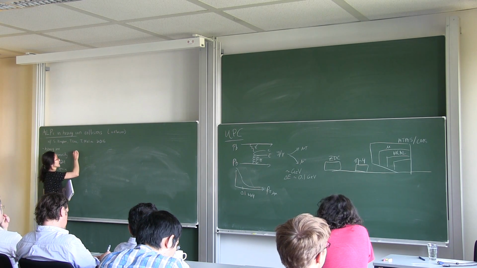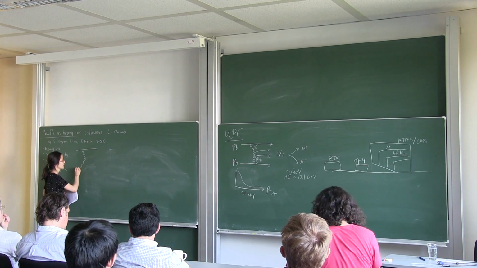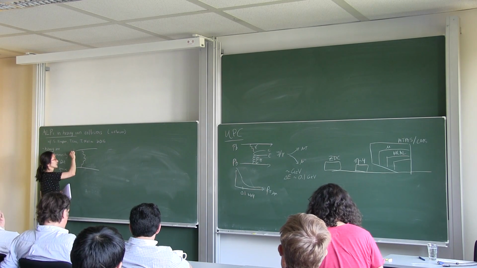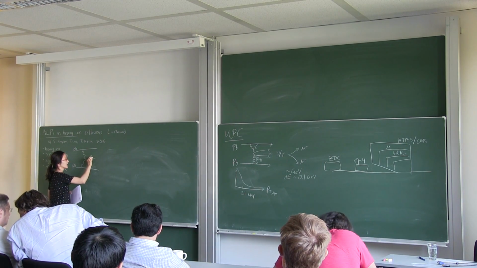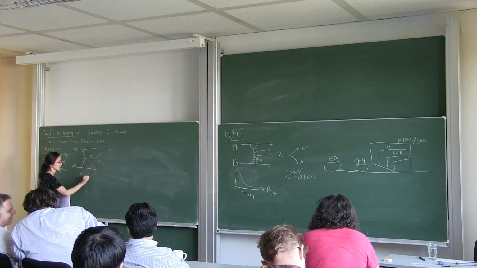Okay, so the basic process that I'm going to be looking at is just photons initiated by these lead ions going to an axion. And my axion coupling is just this.